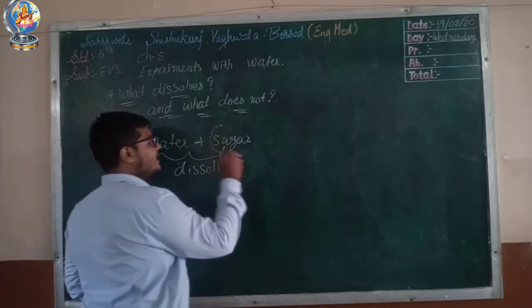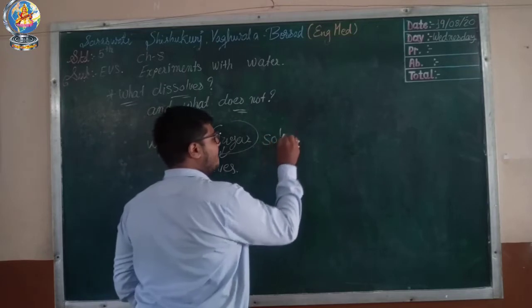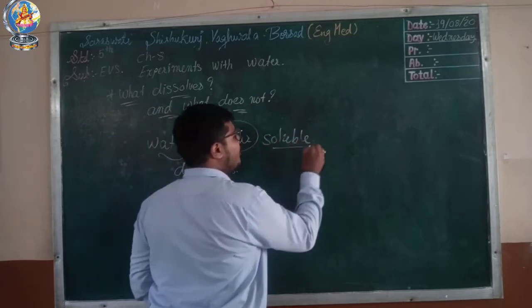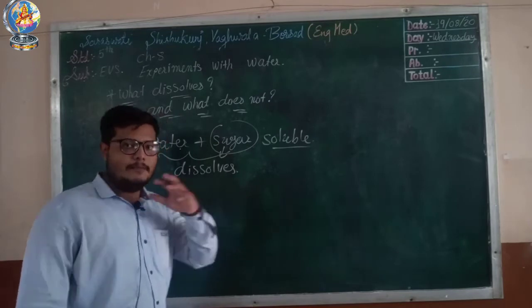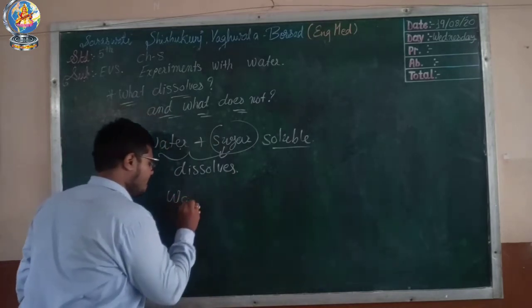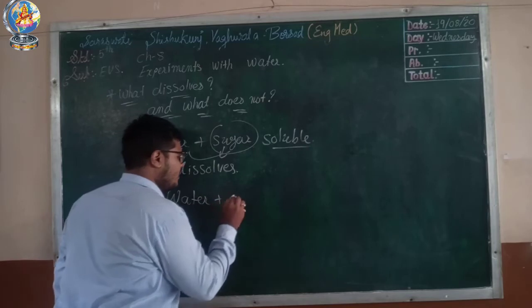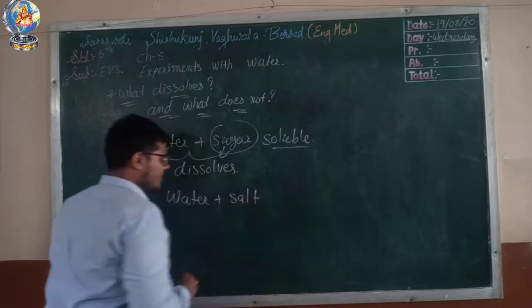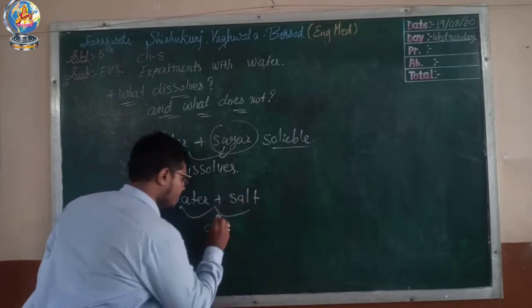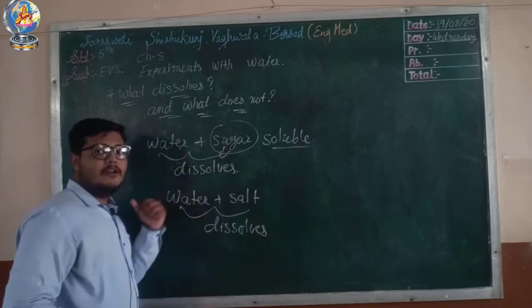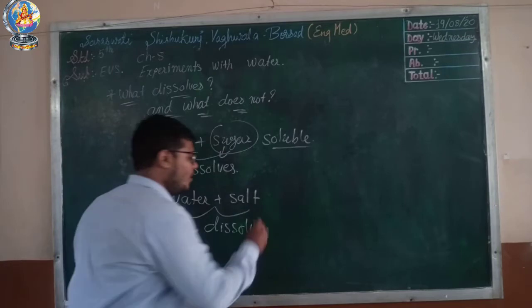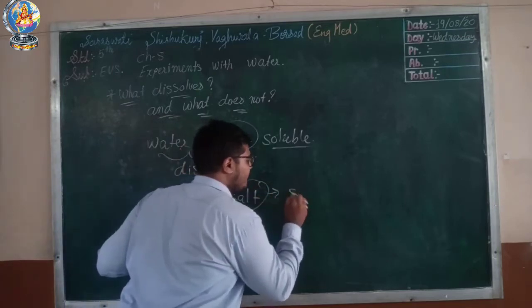So we can say that sugar is soluble in water. Sugar is soluble in water. Let me give you a second example: water and salt. Here also salt dissolves in water. Salt dissolves in water. So we can say salt is soluble.